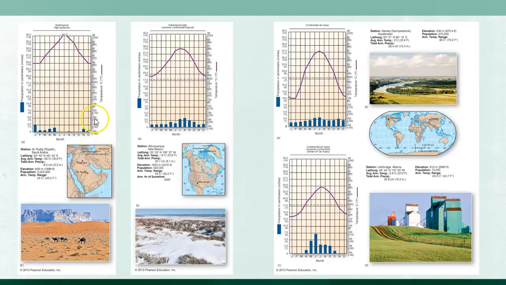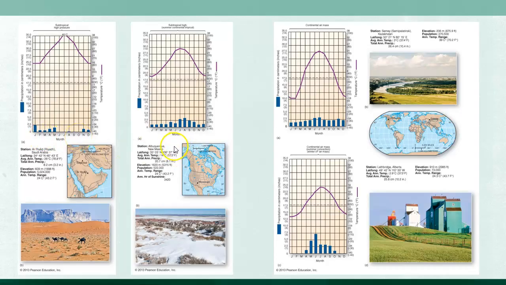So here are a couple of examples of the desert ones first. Here's a classic low latitude desert in Saudi Arabia. You can see pretty big fluctuation in the total amount of insolation, leading to pretty big differences between summer and winter temperatures. Very little precipitation because of the subtropical highs dominating.